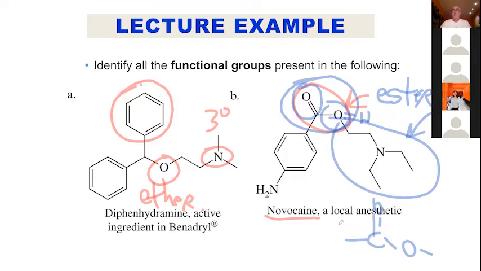So where are other functional groups? There's 2 more. There's the amine at the end part. There's 2 different amines. Which one are we? The NH2. NH2, that is an amine, that is correct.